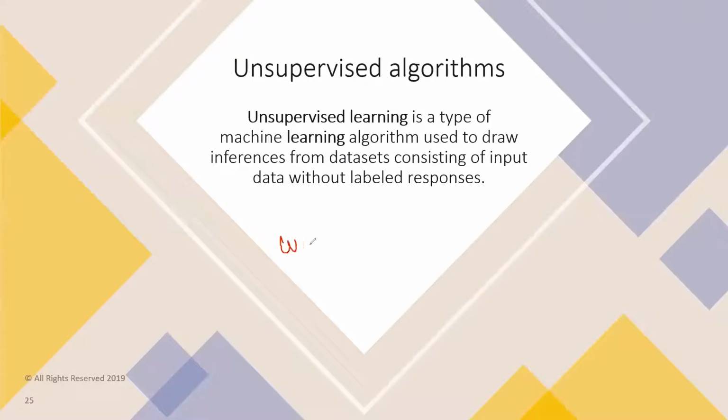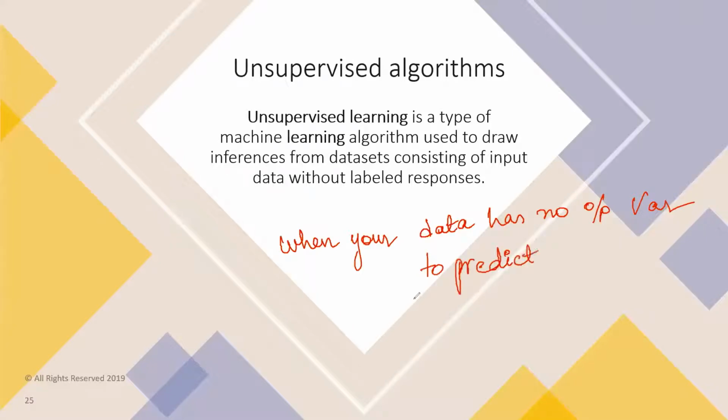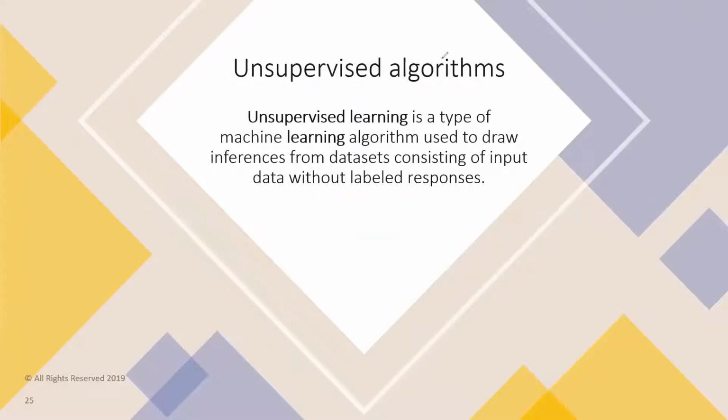Okay, when your data has no output variable to predict, on that type of data sets, you are going to apply unsupervised learning algorithms without labeled responses. This is what is an unknown output variable. Okay, right? So on such type of data sets, you're going to apply unsupervised learning algorithms.